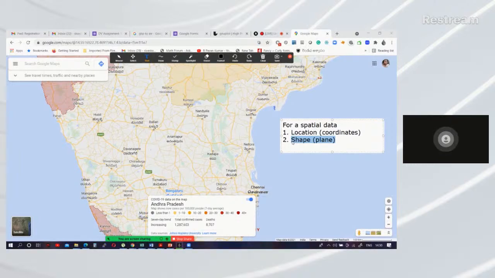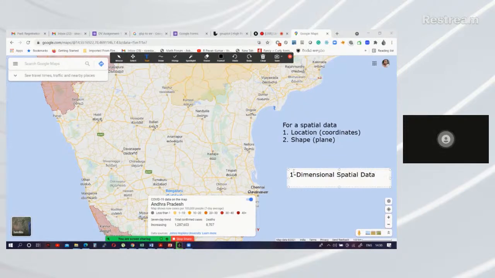So based on that, we have one-dimensional spatial data, two-dimensional spatial data, and three-dimensional spatial data.